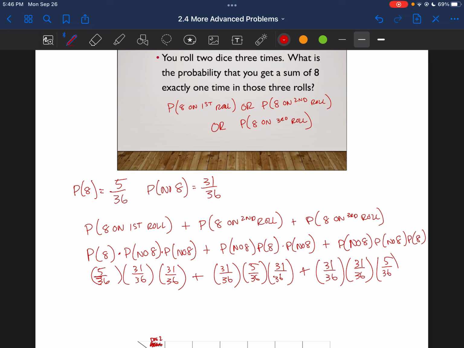And you'll notice, since multiplication is commutative, it's basically the same thing 3 times. The order doesn't matter here when I multiply, so I could have just done 3 times 5 over 36 times 31 over 36 times 31 over 36, and it would have given me the same result.